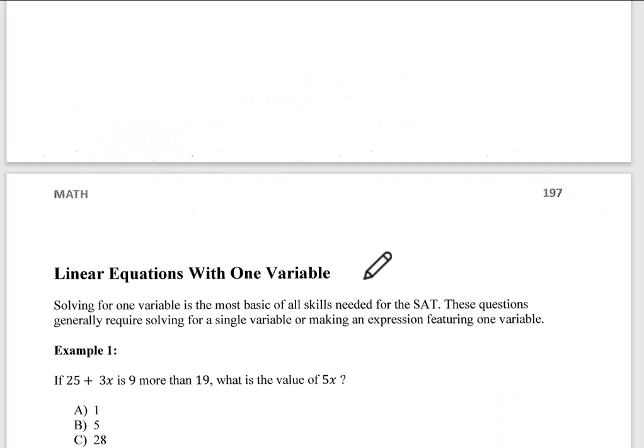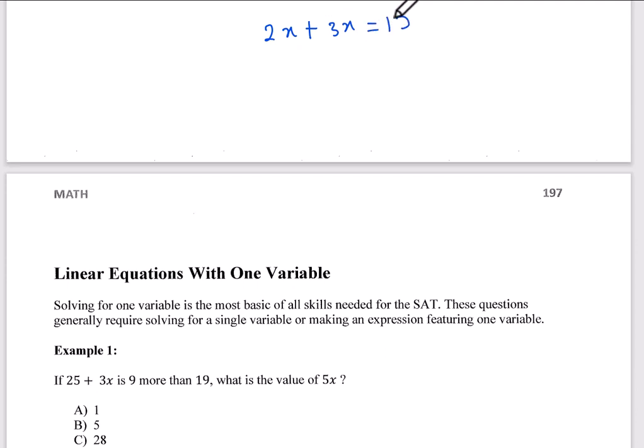Okay, so we'll be starting with algebra, and the first topic we're doing is linear equation with one variable. So let's go ahead and solve. For example one, it says 25. We can actually solve anywhere. 25 plus 3x is 9 more than 19.